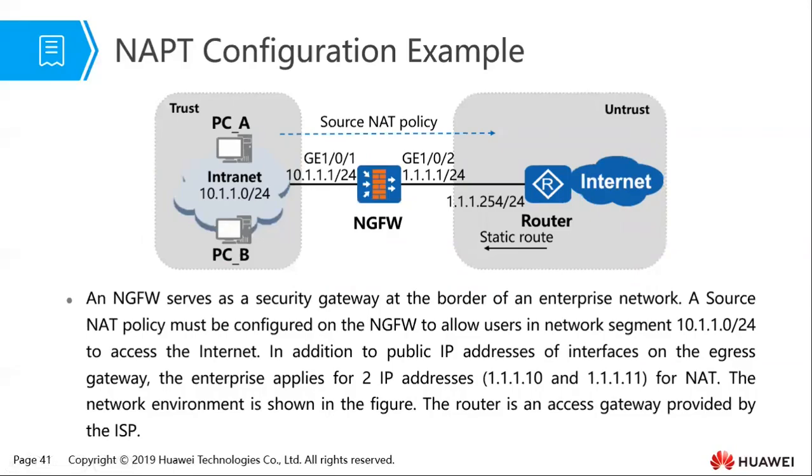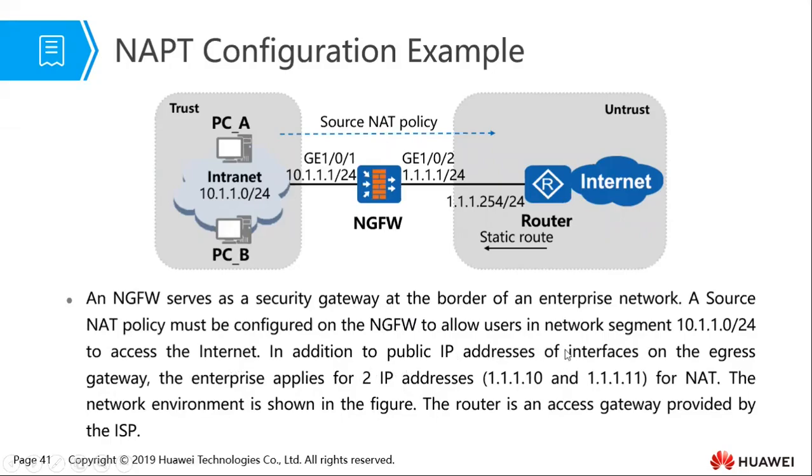Okay, so an example configuration: NAPT, network address port translation. A next generation firewall serves as a security gateway at the border of an enterprise network. A source NAT policy must be configured on the next generation firewall to allow users in network segment 10.1.1.0/24 to access the internet.